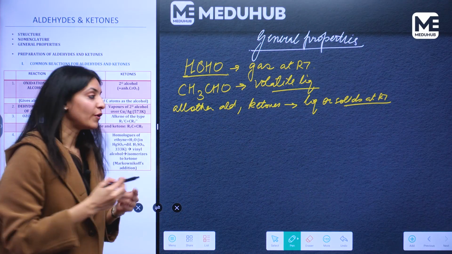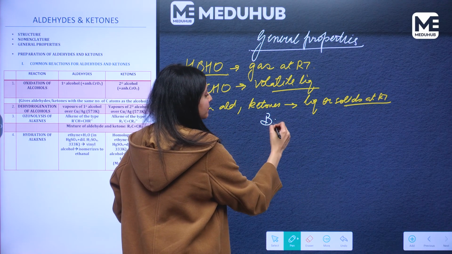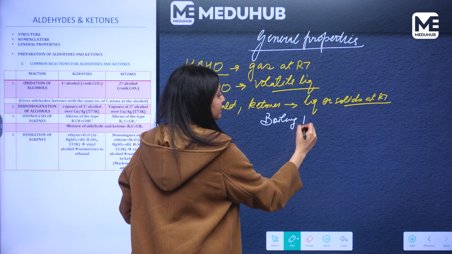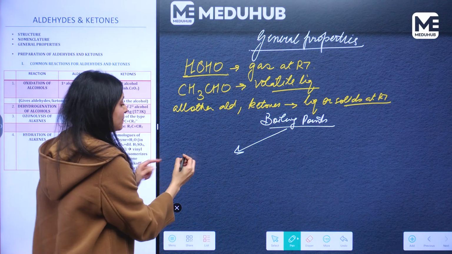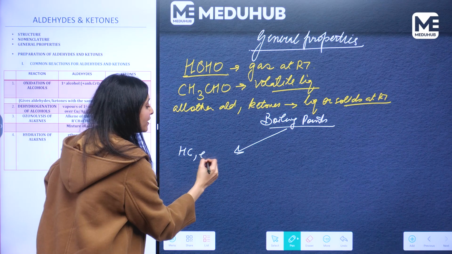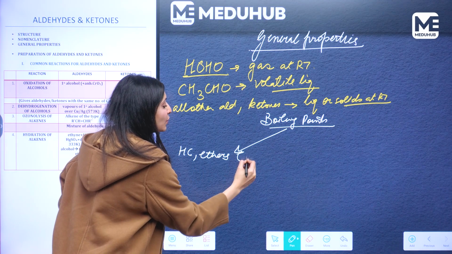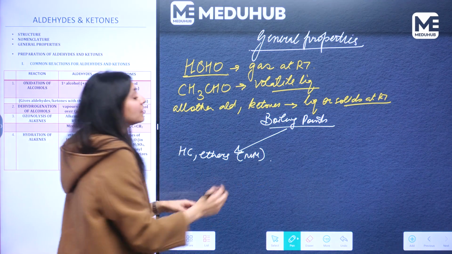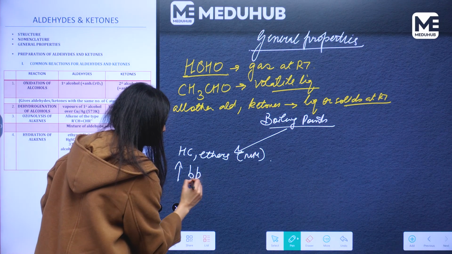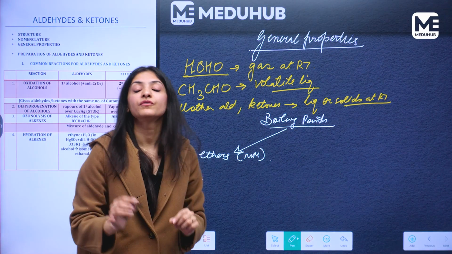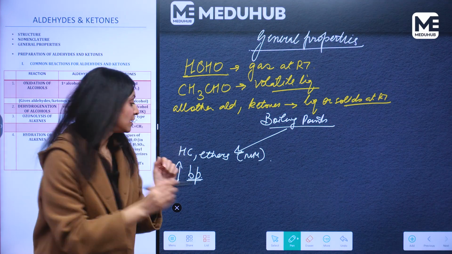If we talk about their boiling points, you will see that if we compare their boiling points to hydrocarbons or ethers of similar molecular mass, aldehydes and ketones will always have a higher boiling point. This is because of the dipole moment that is present.